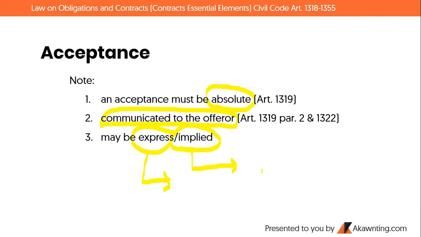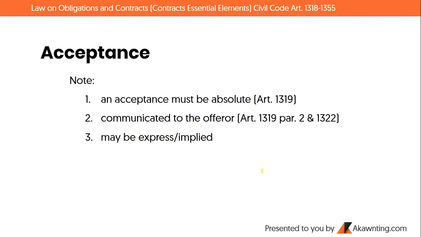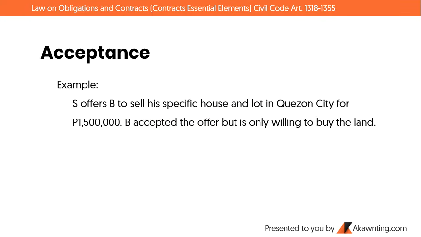Hindi ka umimik, pero ang ginawa mo, kinuha mo, tapos binawasan mo, kinain mo pa ngayong isa, di ba? So, through your actions, you are impliedly accepting the offer. So, we have already a perfected sale on that case. Yun po yung implied acceptance. Okay? So, next.